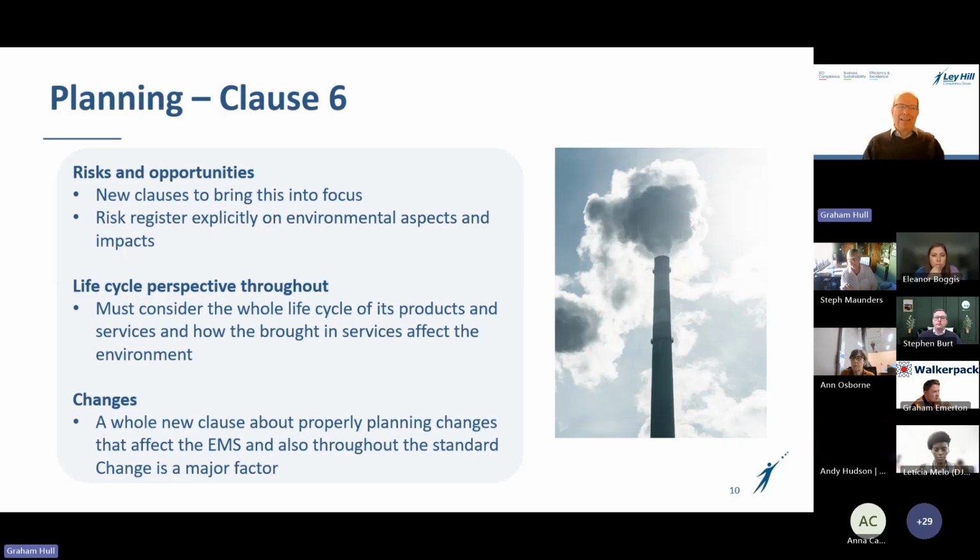So there's a whole new thing there, and all of this now has to be in a documented process. Whereas clause 6 planning was something you could describe, of how you went through the planning aspects of your environmental management system, you now need a documented process to be able to show that.